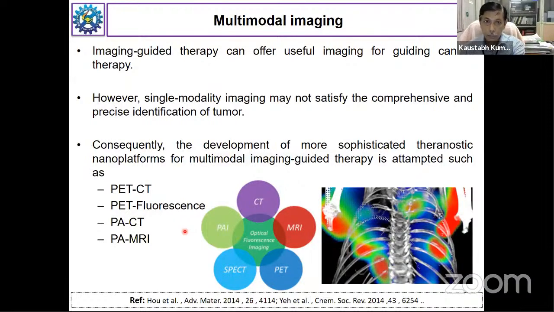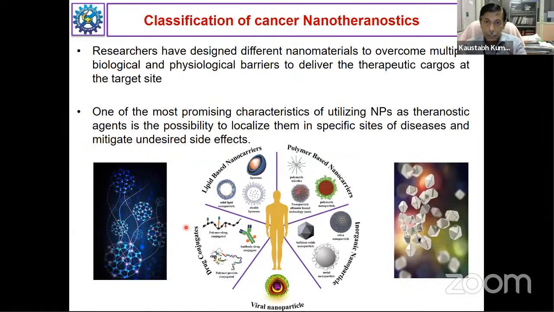So these are the classifications of cancer nanotheranostics. As I said, in the features you can see lipid-based carriers, polymer-based carriers, inorganic materials as carriers, viral nanoparticles, and drug conjugates.